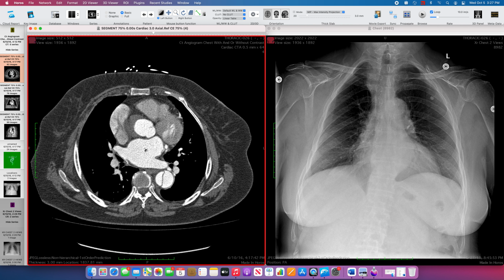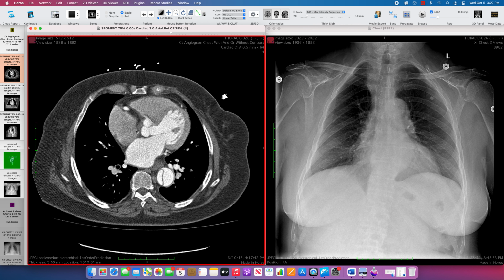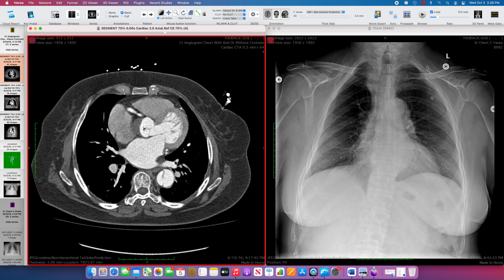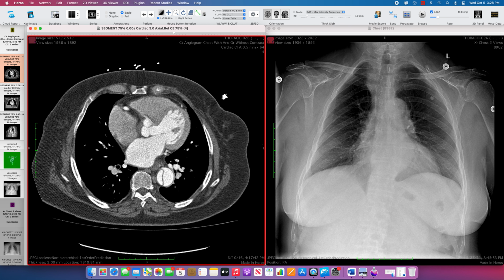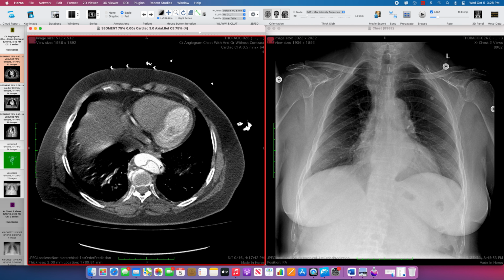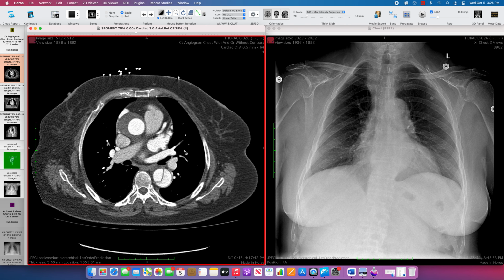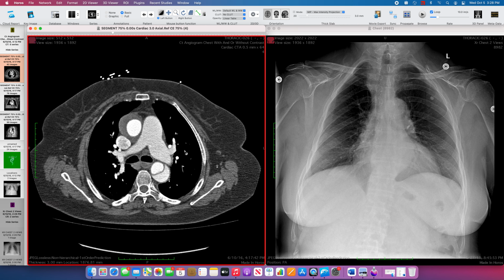Other things to be looking for when you've got an ascending aortic dissection is how far down the descending it actually goes, because the extension of the dissection can involve the coronary arteries and cause the patient to have myocardial infarction, and it can also dissect into the pericardium, with hemopericardium and potential tamponade secondary to hemorrhage.